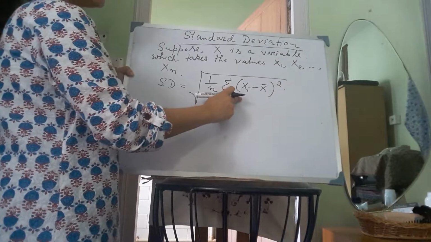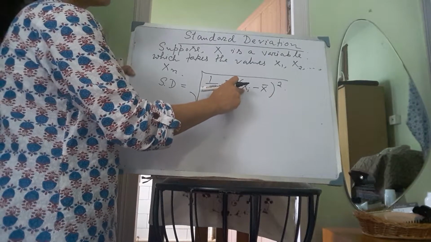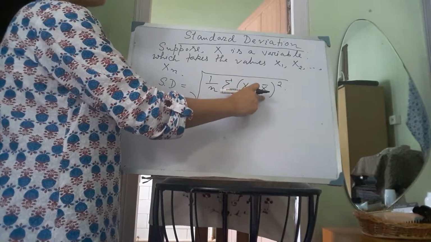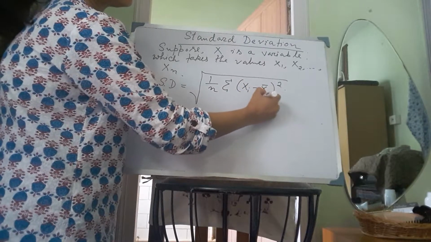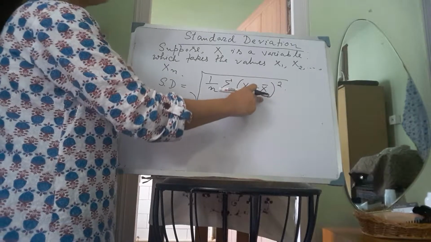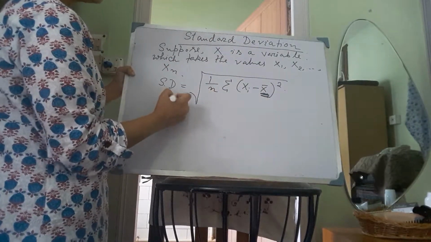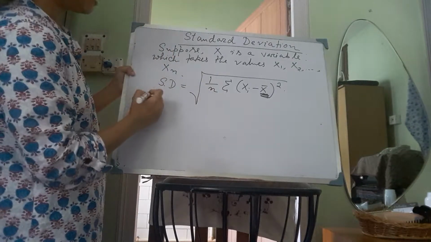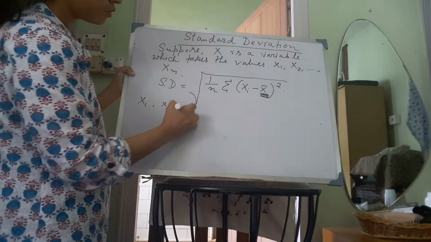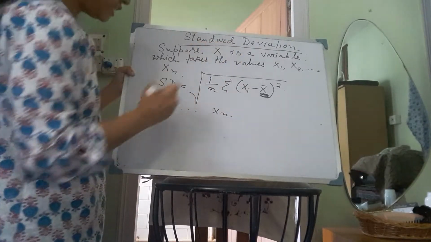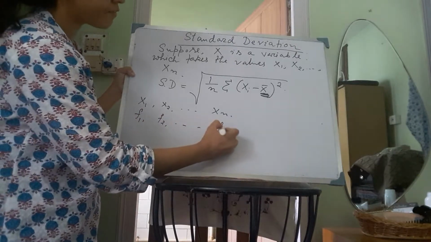So here we are considering the sum of the squares of the deviations of the actual data from its mean value. Here the measure of central tendency is x bar, that is the mean of the variable x. Now if we consider grouped data, then x takes the values x1, x2 through xn with the corresponding frequencies f1, f2 through fn.